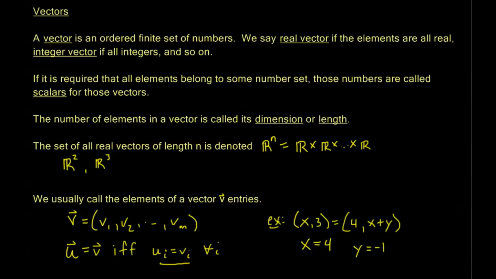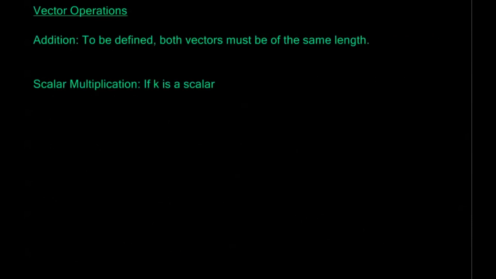Now we have operations on these vectors. Let's start with the two most basic operations: addition and scalar multiplication. For addition to be defined, both vectors must be the same length. Let's say I have two vectors of the same length. Then the vector u plus the vector v is found by adding the entries of u and v component-wise.